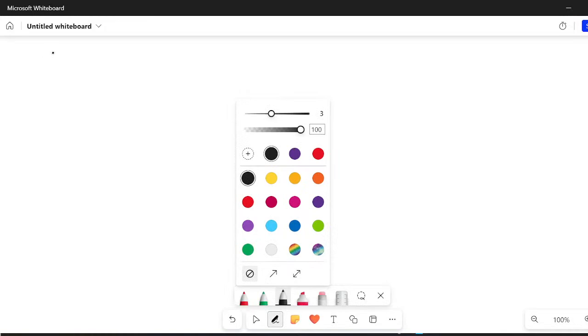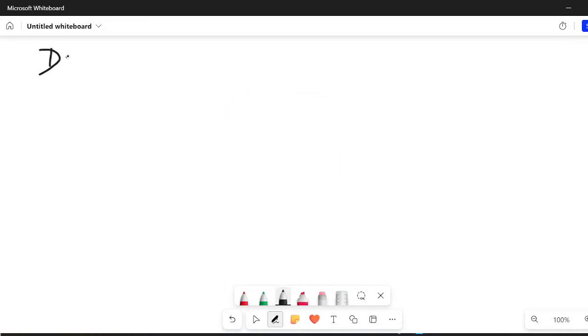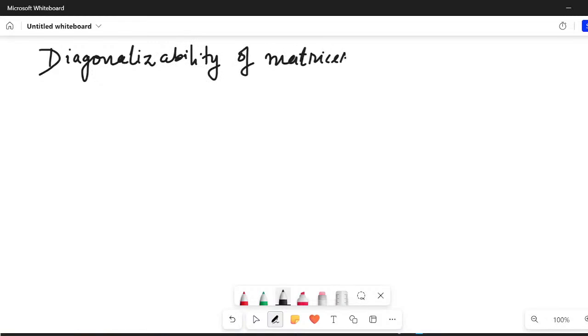Some qualitative points regarding diagonalizability of matrices. If I want to state a few points without proof, I'm writing.